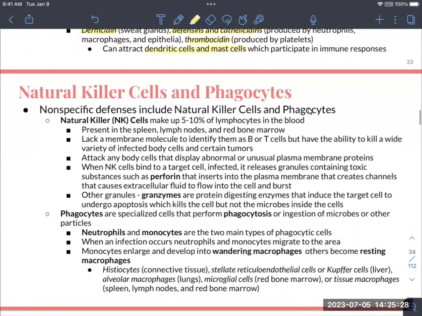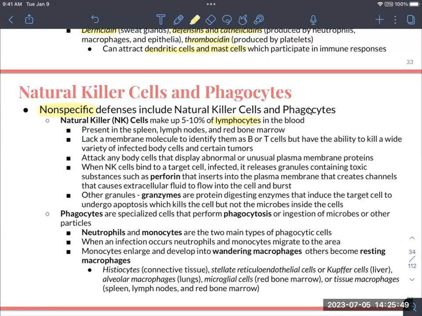Natural killer cells. Natural killer cells are non-specific. They are lymphocytes. They come in and just attack.